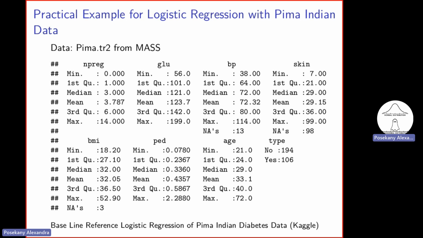Then there's the BMI, at least that thing's famous. Pedigree is relevant, a variable encoding how likely someone else in the family has already suffered from diabetes and how closely they are related to the person.